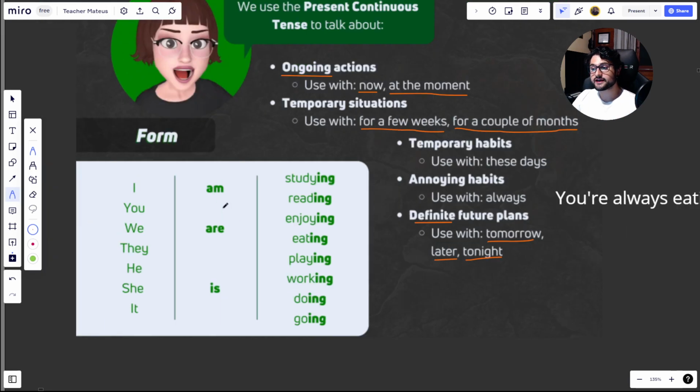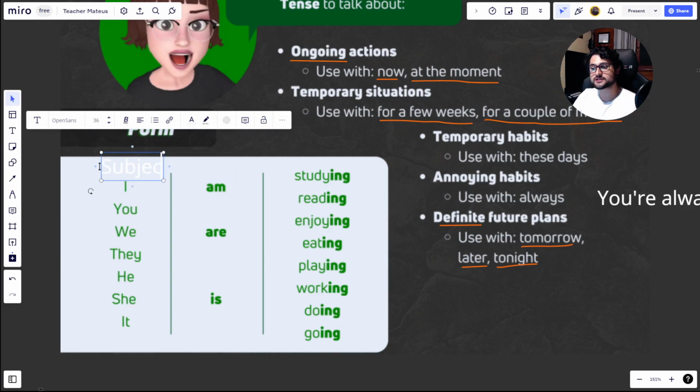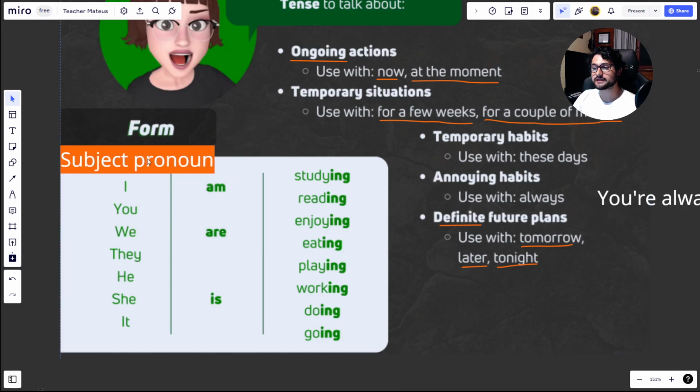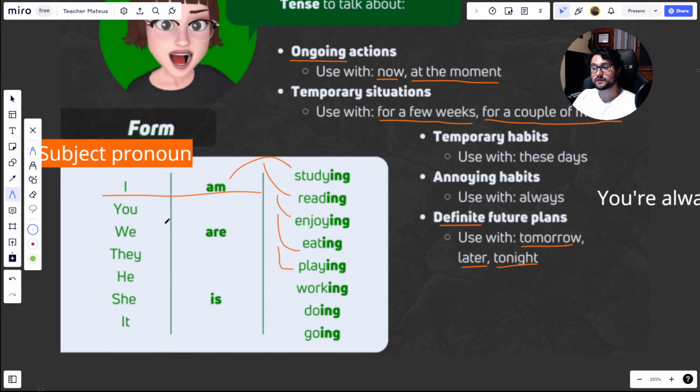The structure there, guys, here we have an interesting diagram for us to see. We have on the one column the subject pronoun, the people in English, right? So we have I, you, we, they, he, she, and it. Why are they organized this way? Take a look. We say I am studying, or I am reading, I am enjoying, I am eating, I am playing.